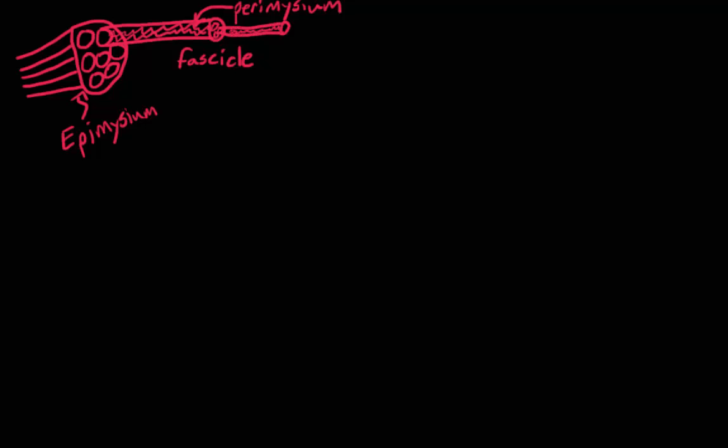Okay. So here we go, we have our muscle cell. And it's also called a muscle fiber. And encasing the muscle fiber, we will have what is called the endomysium.